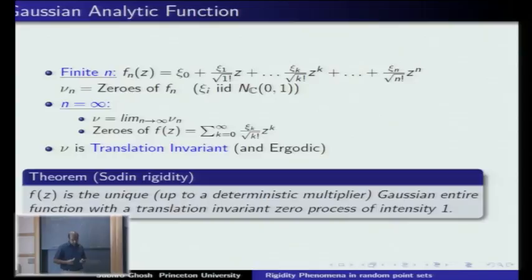In particular, the kind of information we are looking for is whether the outside point configuration determines something, imposes some hard or rigid constraints about the inside. For example, does it determine some statistic of the inside configuration with probability 1? So this is the kind of question we are going to look at.